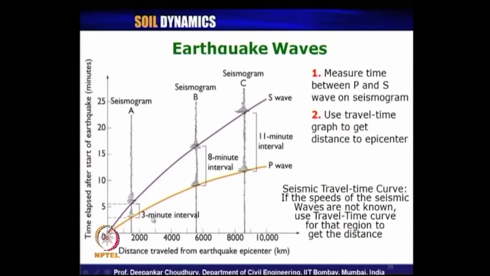Now, knowing these 3 time differences at 3 locations, and the known distance from seismogram location A to B, B to C. The recording station distance obviously is known to us. What we can do, we can take a graph paper. Now, distance travelled from the earthquake epicenter is on the x axis and the y axis shows time elapsed after the start of the earthquake.